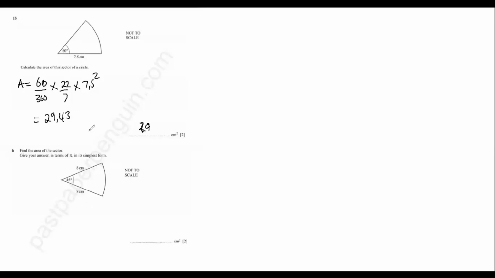Yeah, I can try. Yes, please, Bradley. So area is theta over 360, and our theta is 45. So 45 over 360 times pi times 8 squared. Bradley, you see the question, right? It says in terms of pi, so we are not using 22/7.